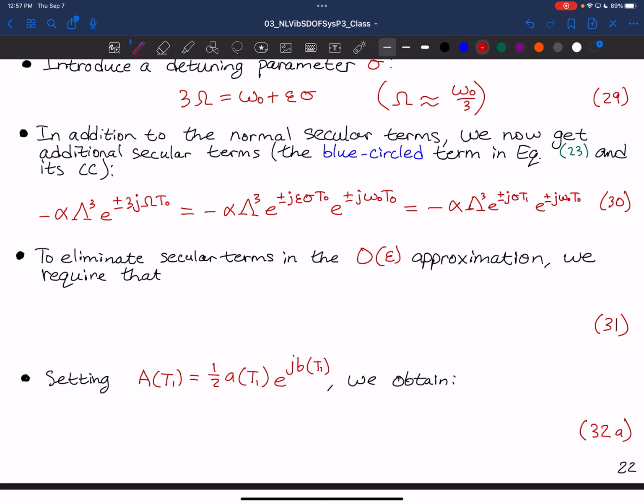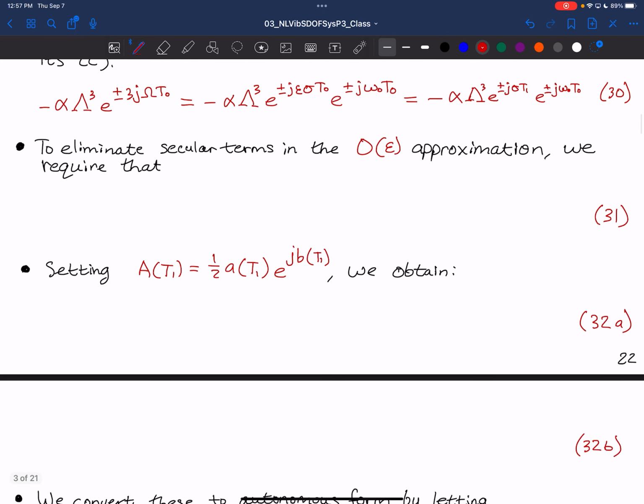Secular because we now have this e to the j omega 0 t0 term. Okay, so in this case, in order to eliminate secular terms, we require that 2j omega 0 times the quantity A prime plus cA, plus 6 alpha lambda squared A plus 3 alpha A squared A bar, plus alpha lambda cubed times e to the j sigma t1, all of that must be equal to 0.